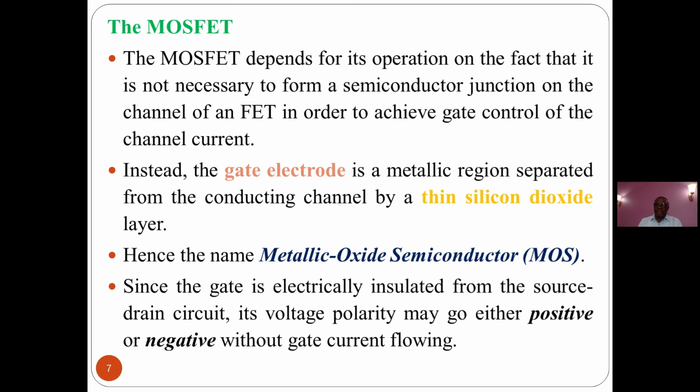So we say that it is electrically insulated. So it doesn't matter the polarity of the voltage passing through the gate. It doesn't affect what happens in the drain source.